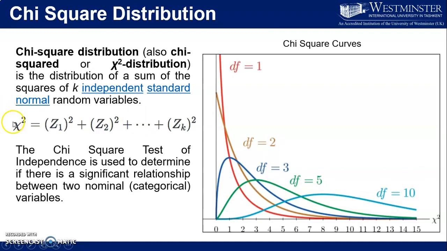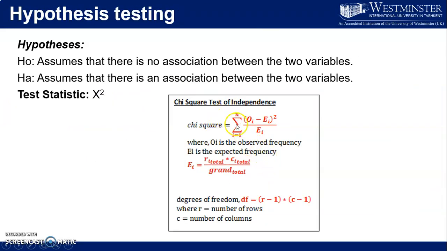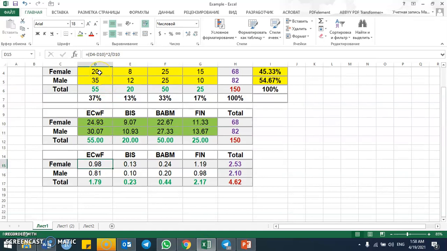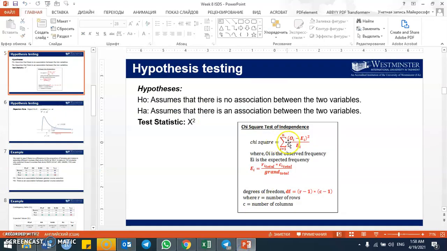So the chi-square in general is the sum of the ratio of observed value minus expected value squared and expected value. Statisticians have found out that these numbers, O minus E squared divided by E, follow the chi-square distribution.